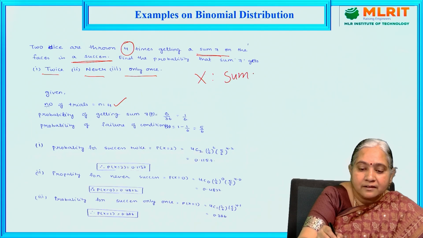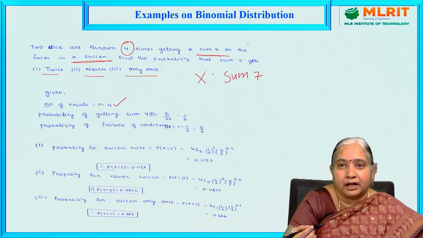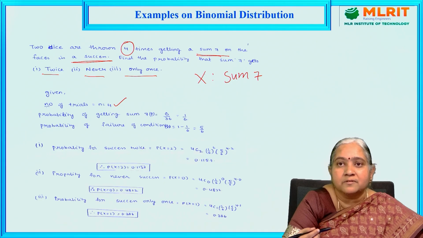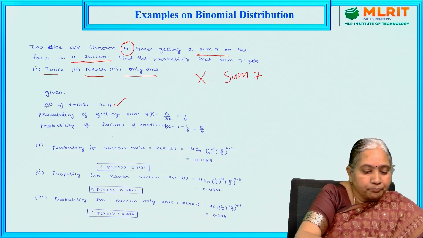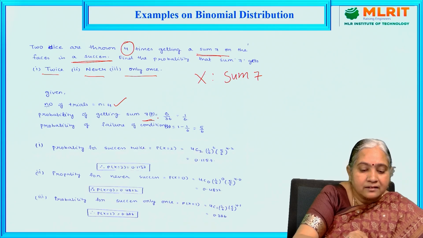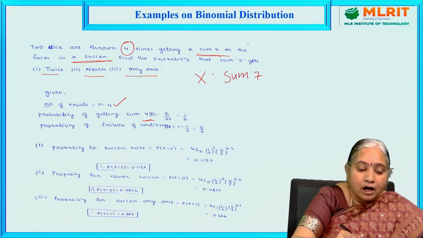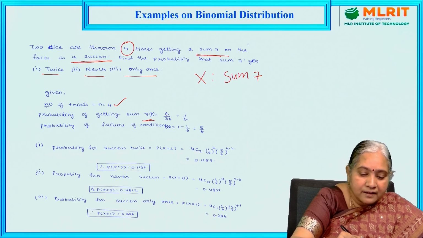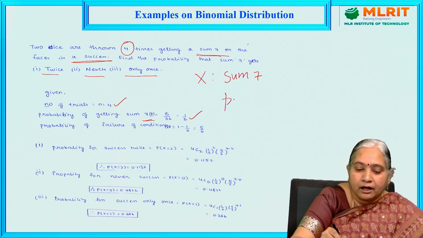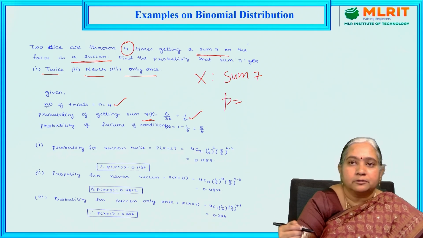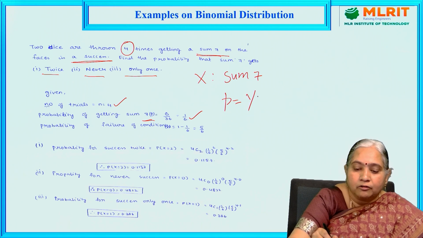When 2 dice are thrown, how many times out of 36 will the sum 7 come? The sum 7 comes 6 times out of 36. So that is 6 by 36. This is the probability of success, denoted by p, which is equal to 1 by 6.